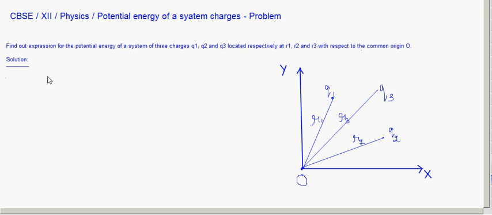So let the three charges Q1, Q2 and Q3 have position vectors R1, R2 and R3 respectively.